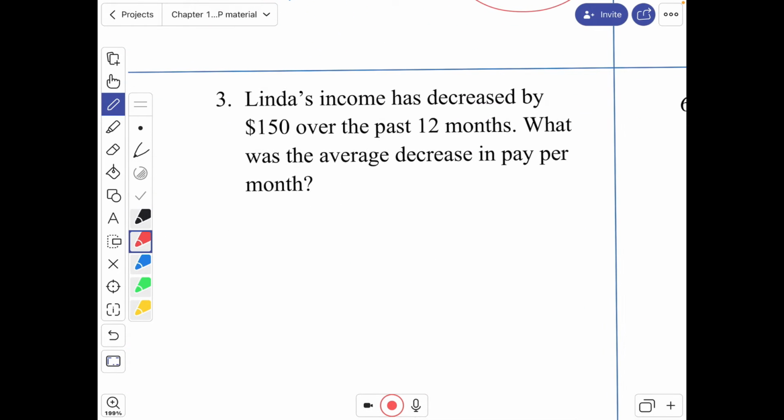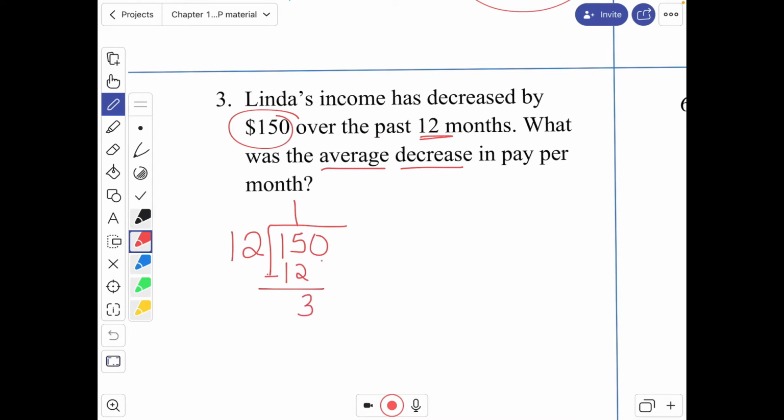Number 3. Linda's income has decreased by $150 over the past 12 months. What was the average decrease in pay per month? Average means we're going to divide. So if it decreased $150 in 12 months, we divide it by 12. 12 goes into 15 once. 12 goes into 30 twice.